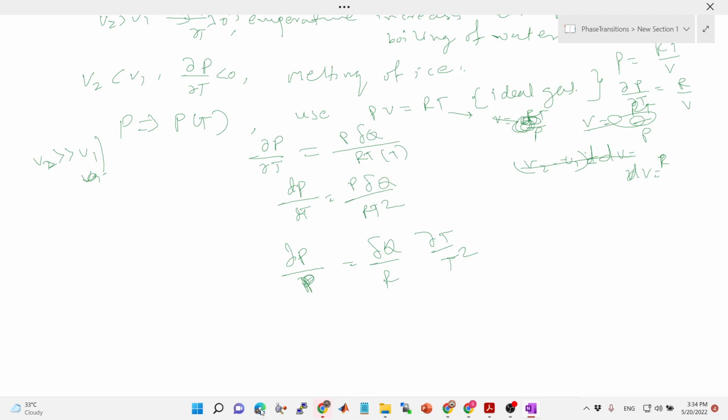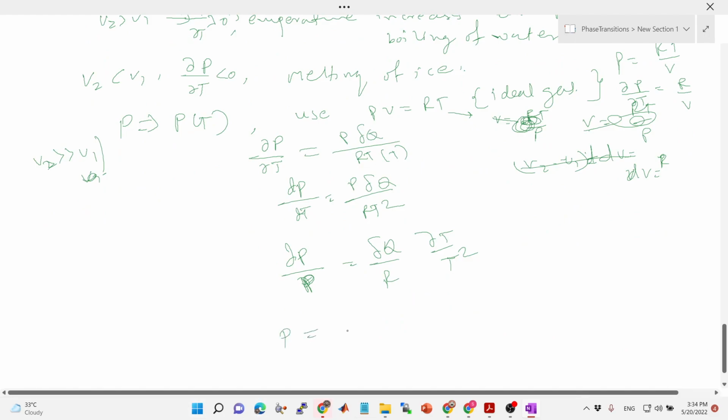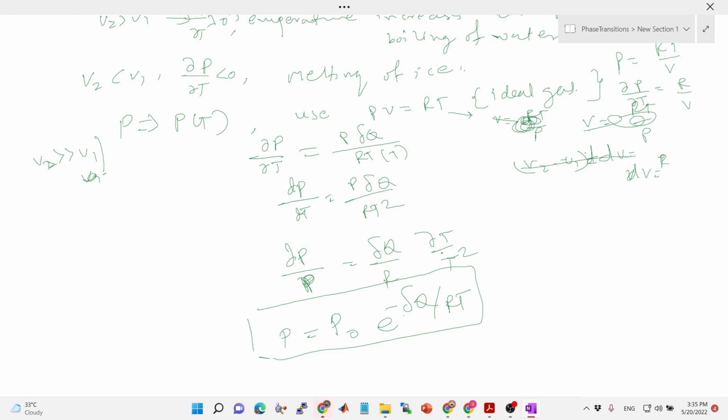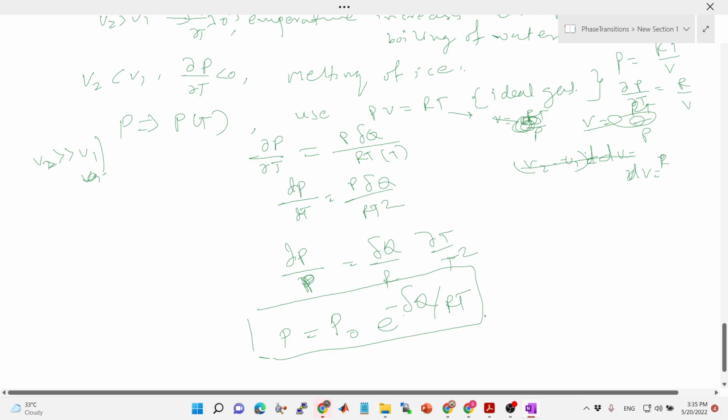Integration gives you ln of P with limits from P0 to P, and delta Q by R outside, and the integration of 1 by T square with respect to dT will give you 1 by T simply with a minus sign.